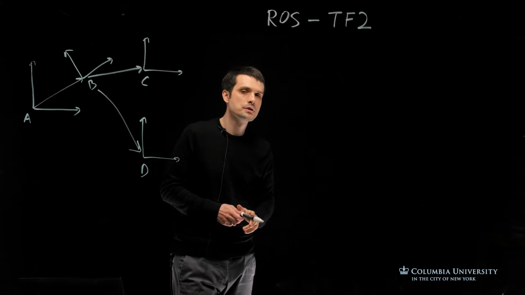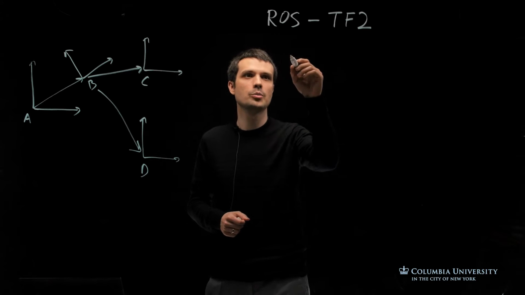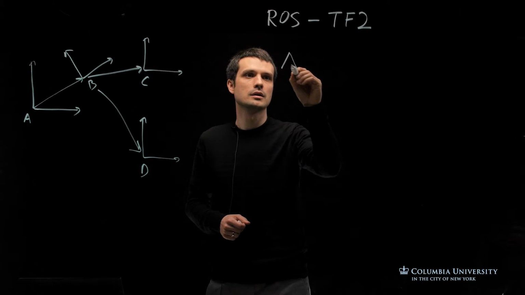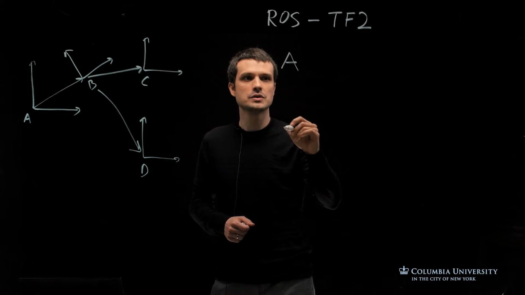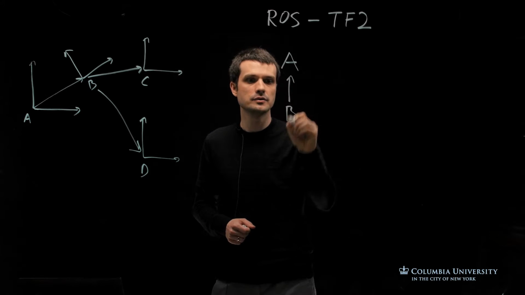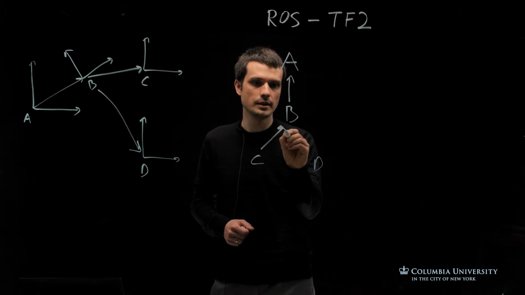What TF does for you is it takes care of such a transform tree. So for example, it knows that transform A is your base transform, that B is defined relative to A, that C and D are defined relative to B.